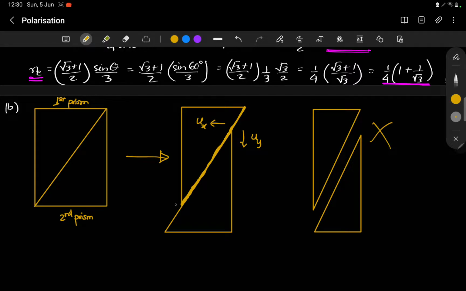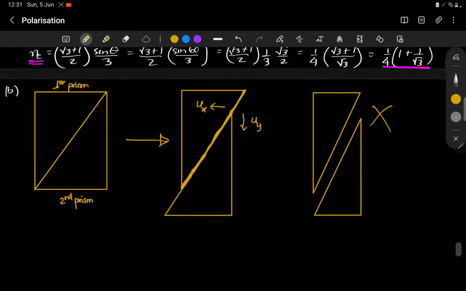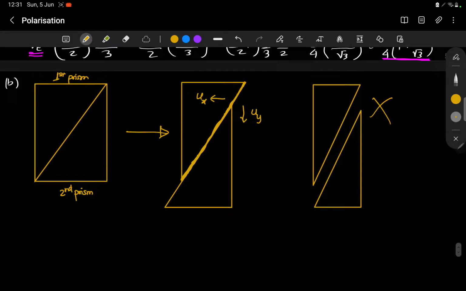We want the contact to remain intact. So there will be a vertical component of the speed as well as a horizontal component of the speed. And we are given the vertical component of the speed uy is 1 micrometer per second. So we need to find out the horizontal component of the speed as well.